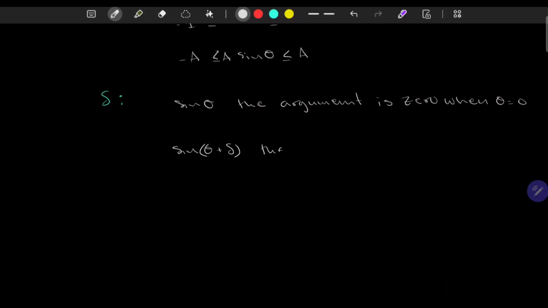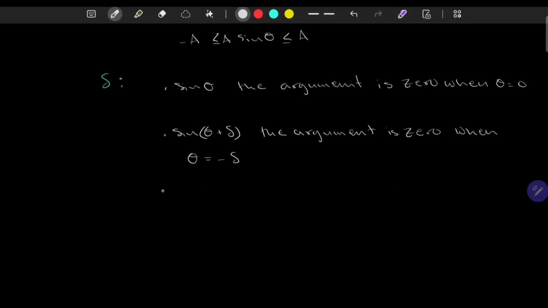The argument is 0 now when theta is equal to negative delta. You can think about this as the starting point of the sine function moving back to negative delta.